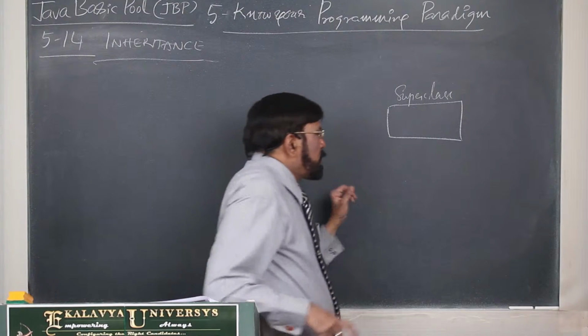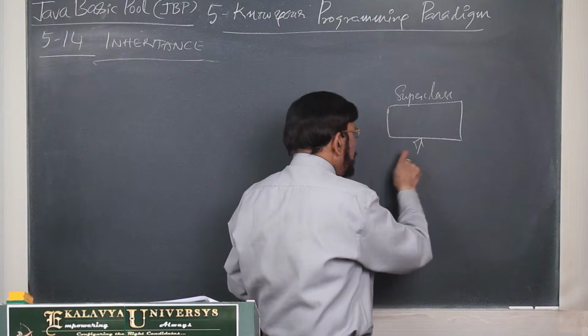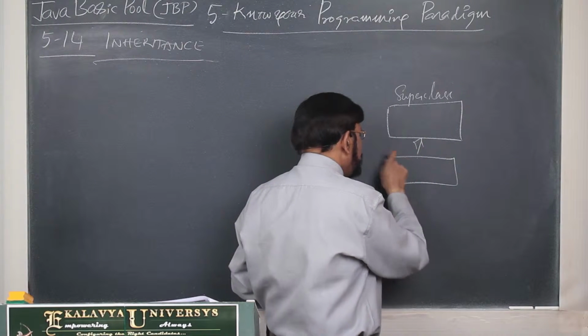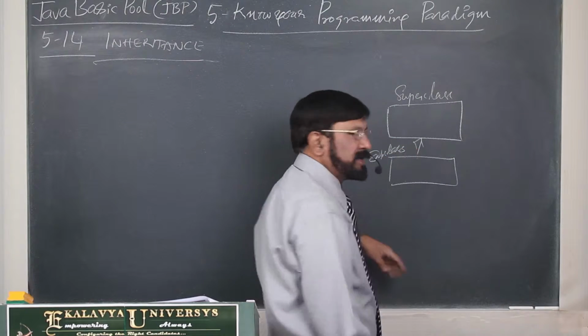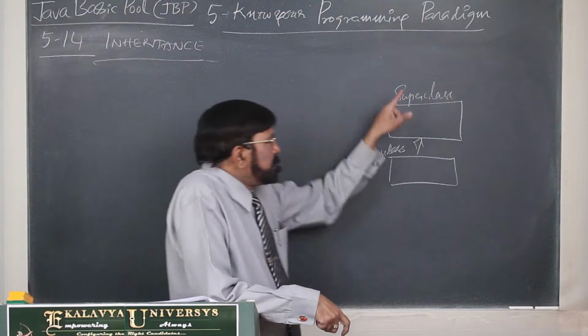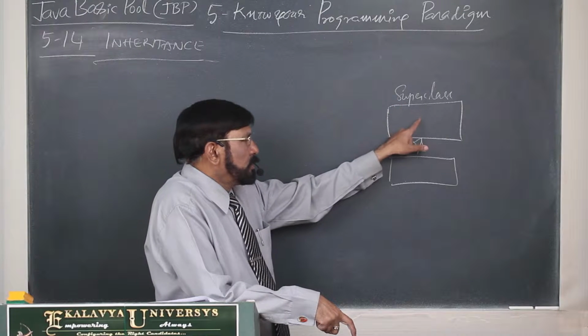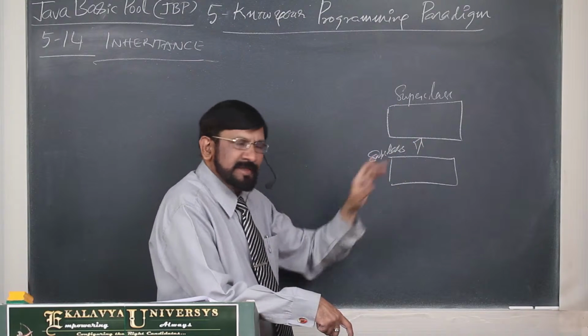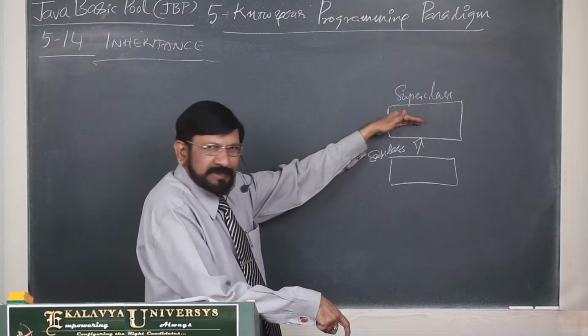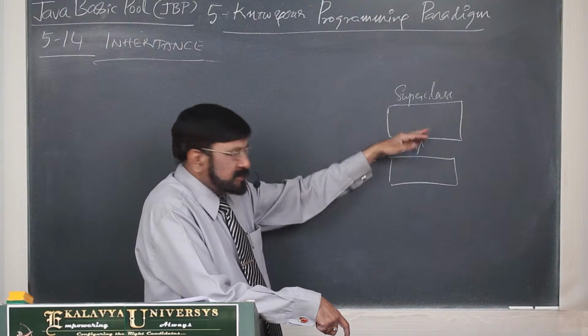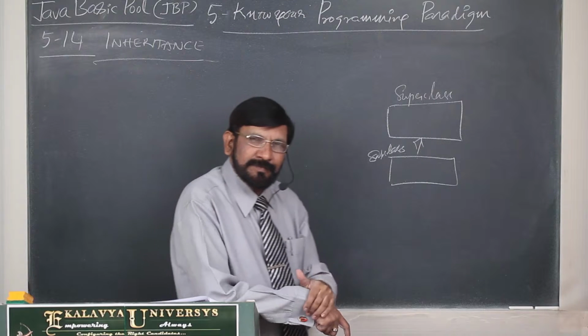So this is the superclass, and this is the subclass. Simply by the name, don't feel this one is bigger than that. Actually, the superclass is the first class, and the subclass is derived from that.